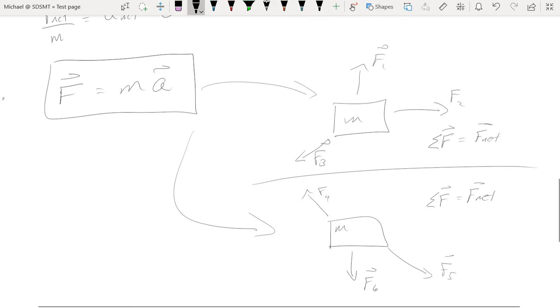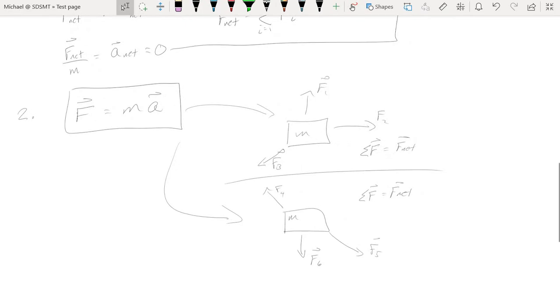So if you go back to the 10-step problem solving process that we talked about, step 6 in that problem solving process said that we need to produce the equation needed to solve the problem.